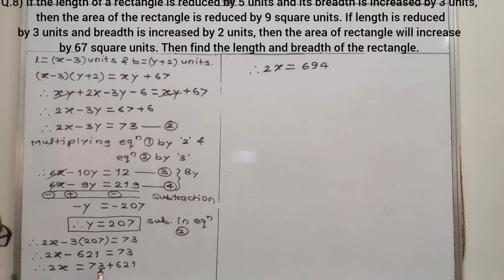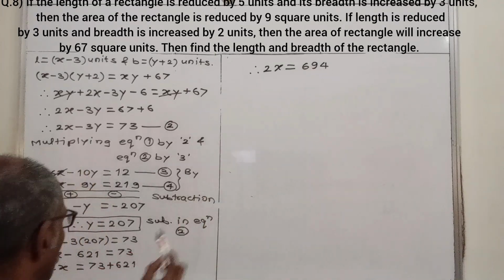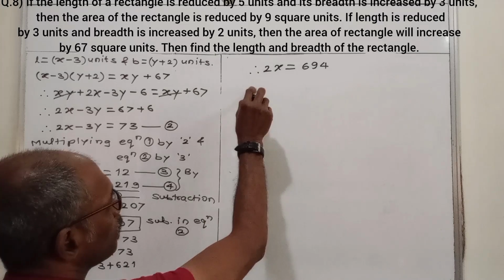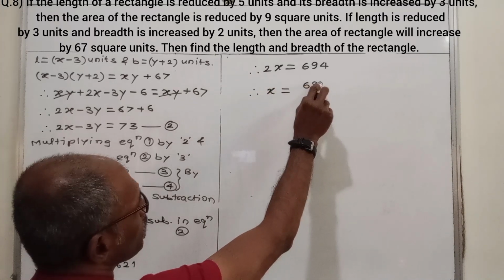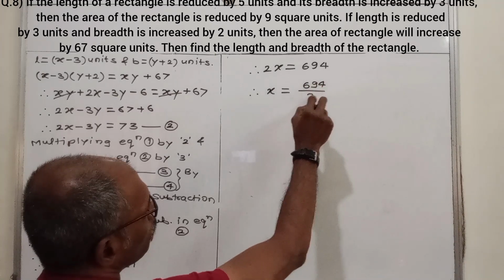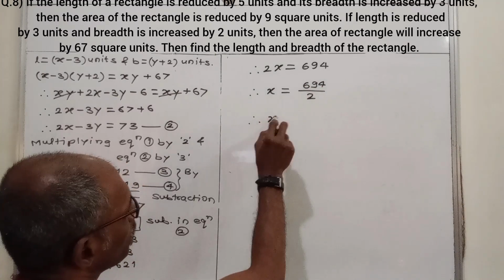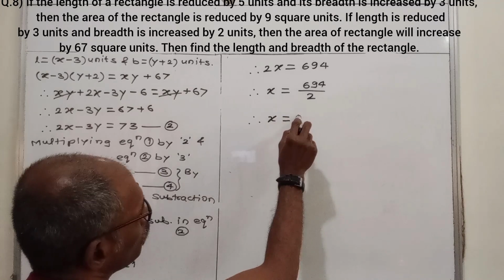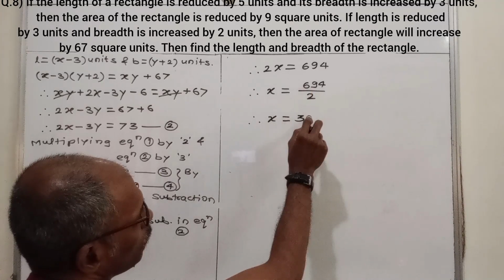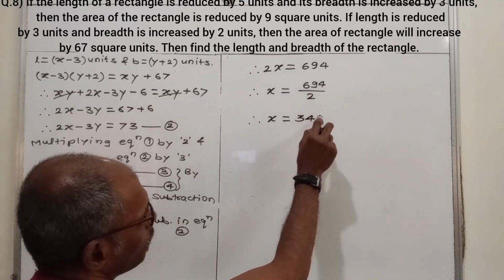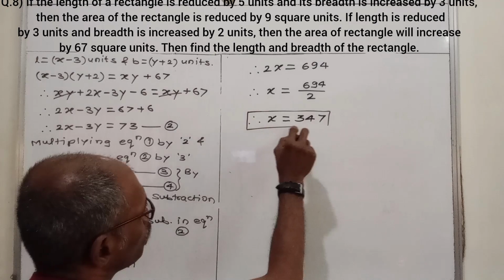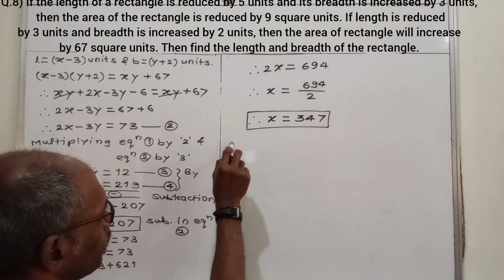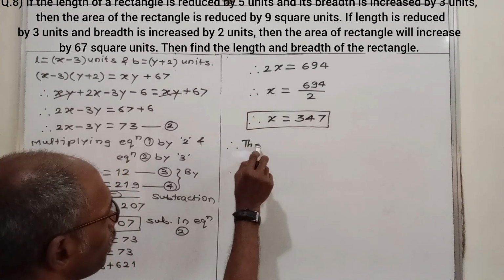See here, 1 plus 3, 4, 2 plus 7, 9, and this 6. Therefore, x is equal to 694 upon 2. Therefore, x is equal to 2 3s are 6, 2 4s are 8, and 2 7s are 14. x is equal to 347.